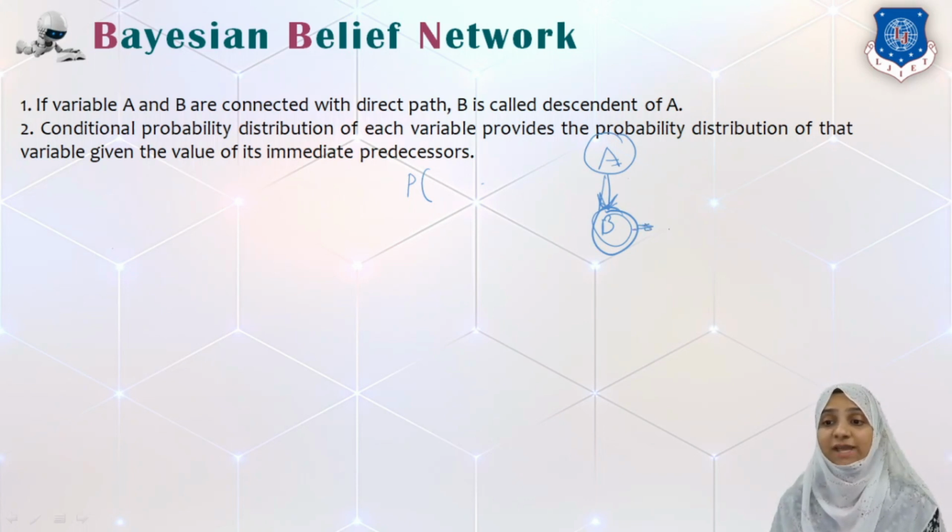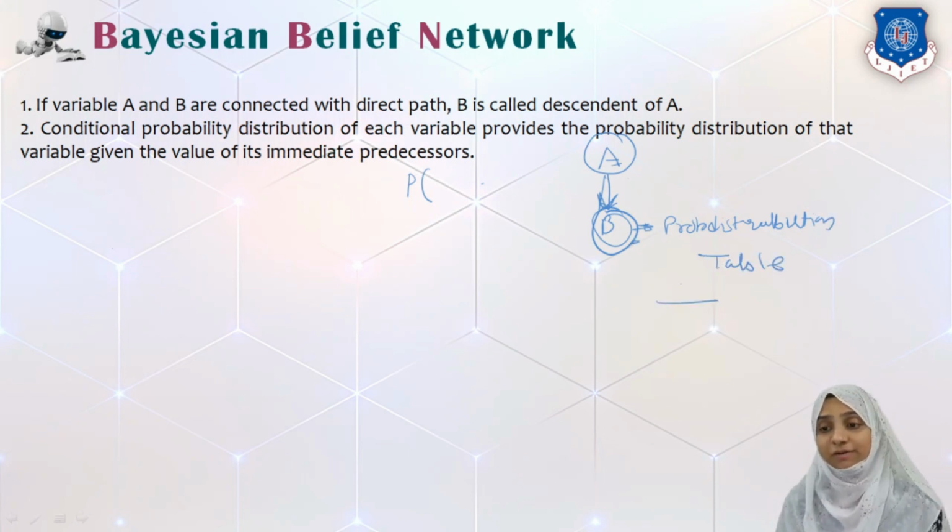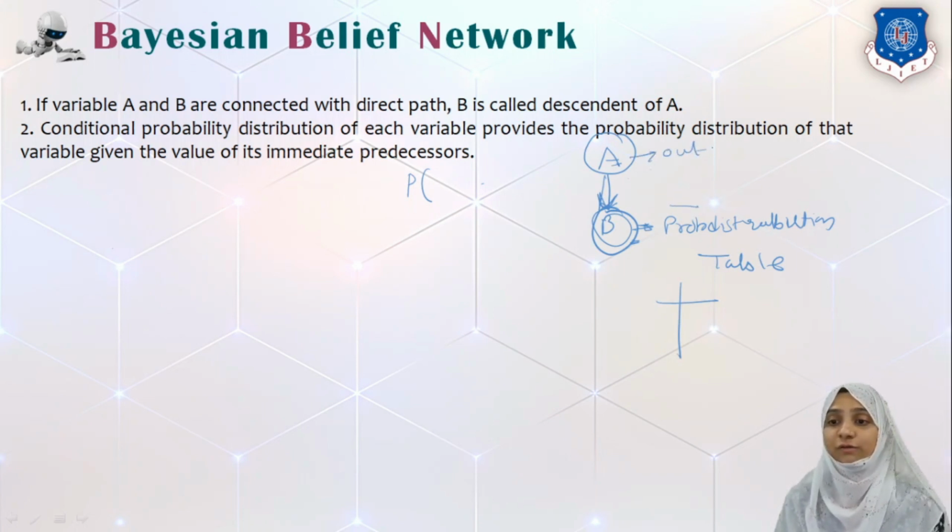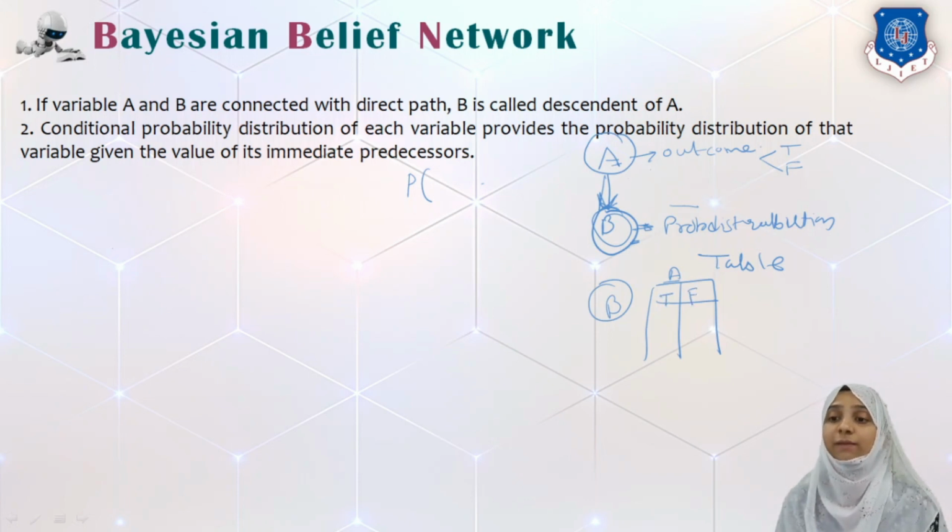That means for B, if a probability distribution table is given for B, then it must consider different outcomes of A. Say for example, the outcome of event A can be true or false. So over the probability distribution table of B, we must consider its event. That means event A can be true or it can be false.